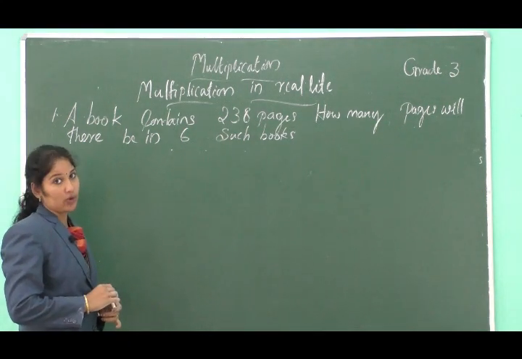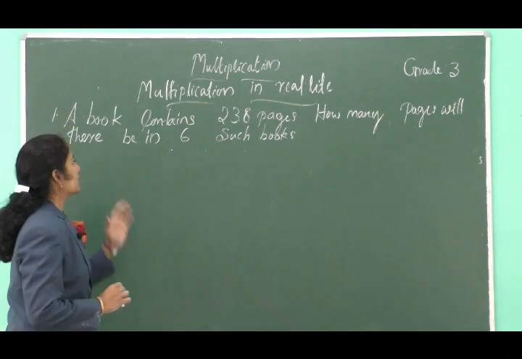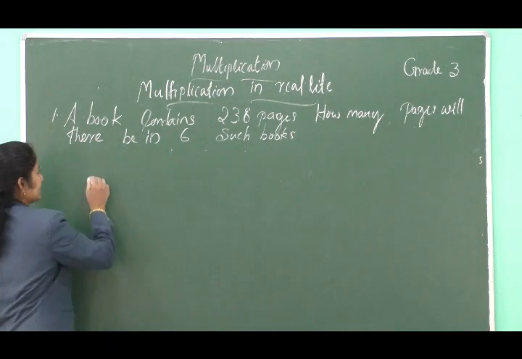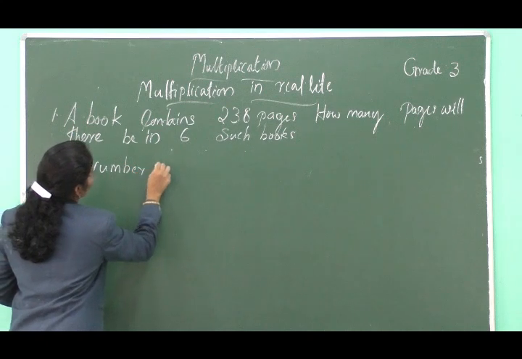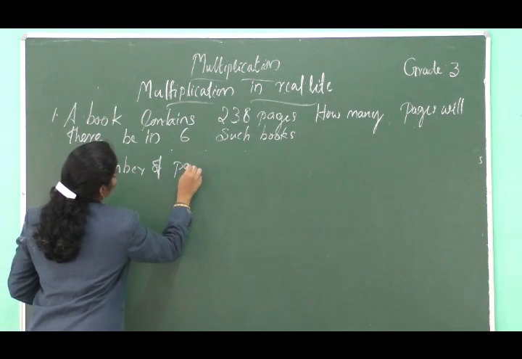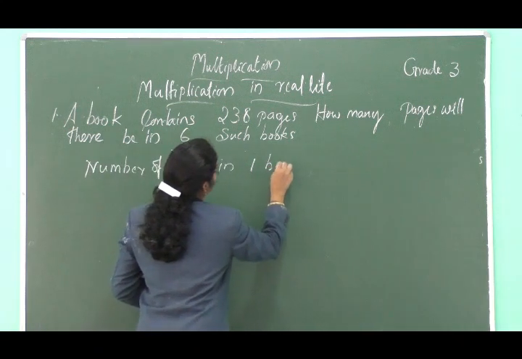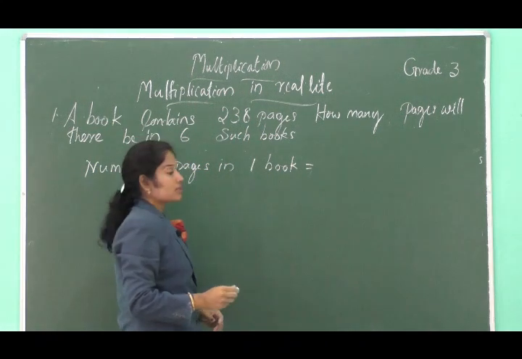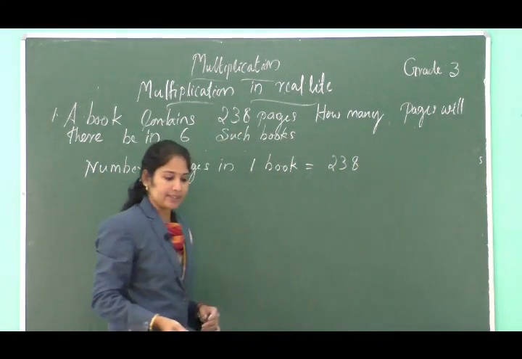So what we have to do is we have to multiply. The number of pages in one book is equal to how many pages? Yes, 238.